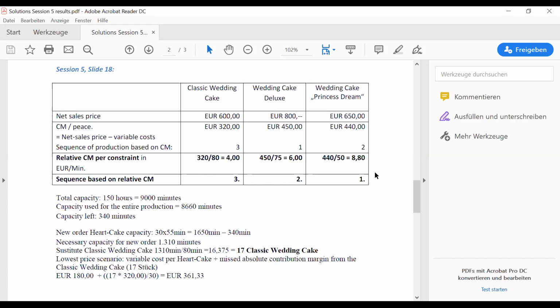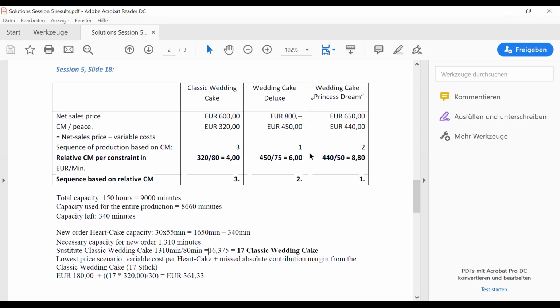And you see, in relation to the machine hours, the sequence, the production program, the order has changed. Suddenly, the Princess Dream has the highest relative contribution margin.